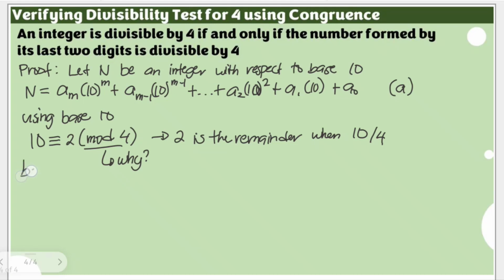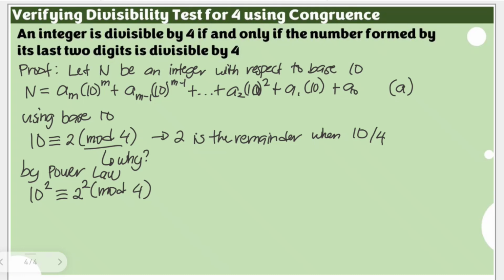So by the power law of congruence, or the power rule, if we have 10 squared, this is congruent to squaring the remainder as well, modulo 4. Because by the power law for congruence, if you have your number raised to an exponent, you will just get the remainder raised to the same exponent.